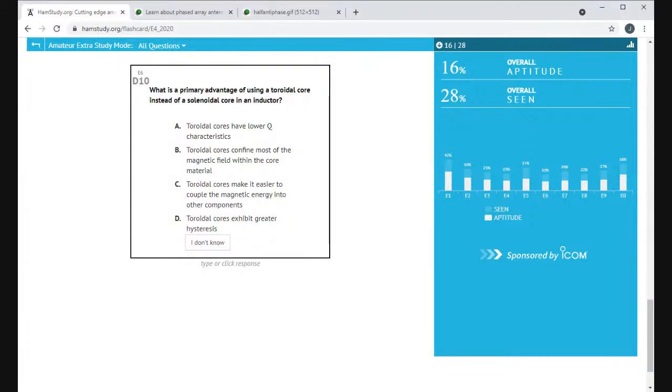What is the primary advantage of using a toroidal core instead of a solenoidal core in an inductor? A. Toroidal cores have lower Q characteristics. B. Toroidal cores confine most of the magnetic field within the core material. C. Toroidal cores make it easier to couple the magnetic energy into other components.